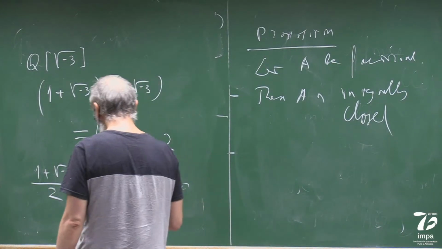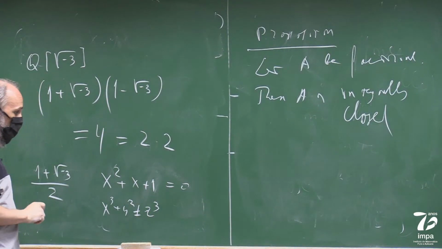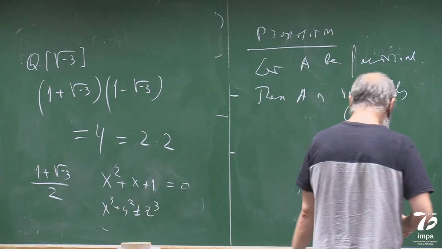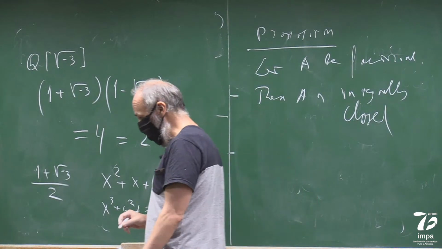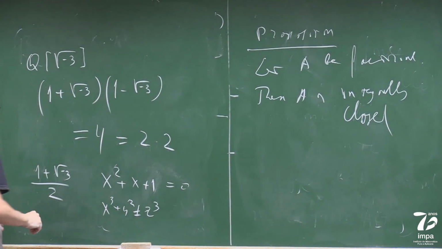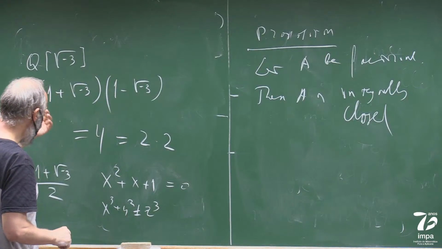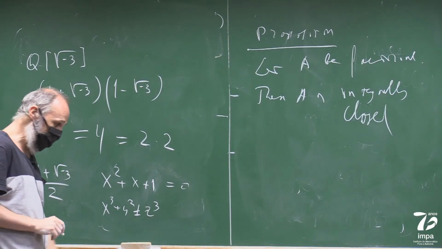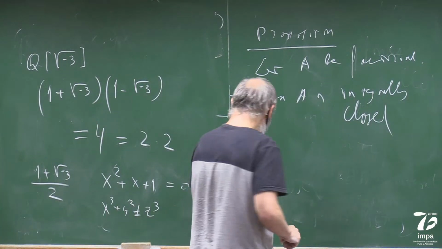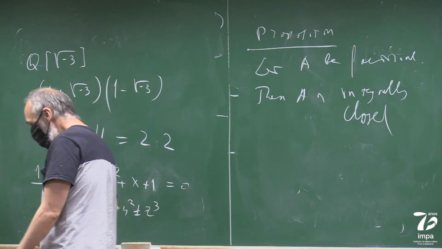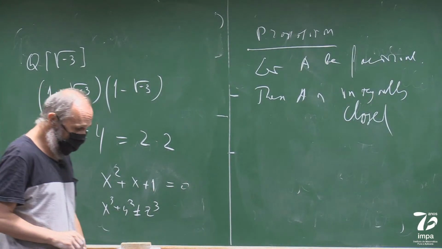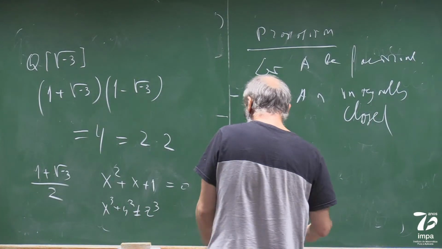And he came to this field, which he assumed was integrally closed. He didn't even notice that it is not, or maybe he noticed that, I forgot. But then he proved, it's not hard.